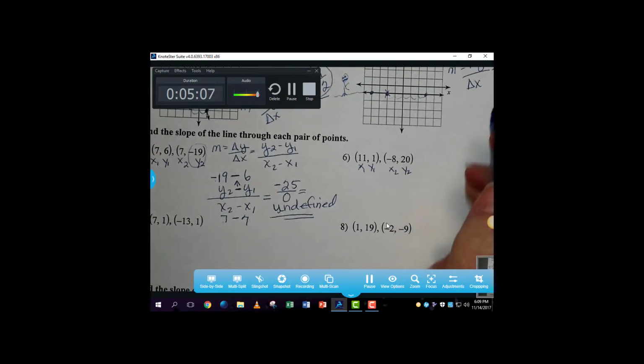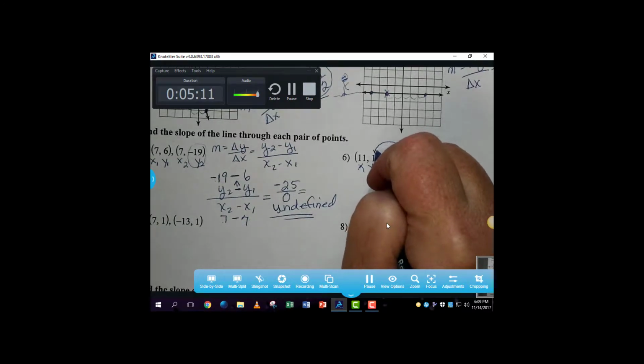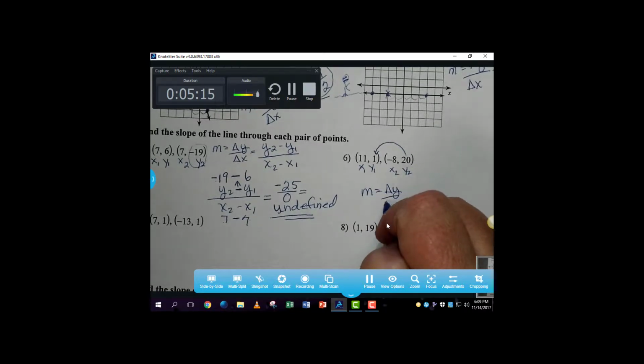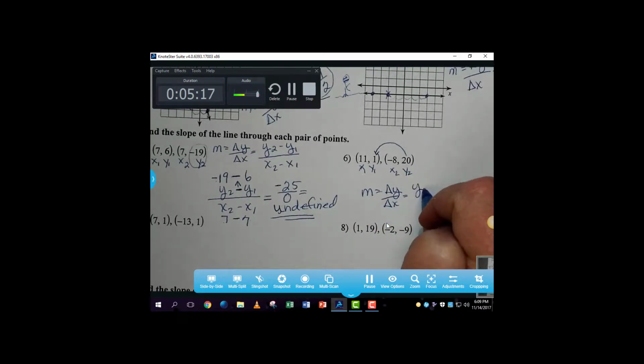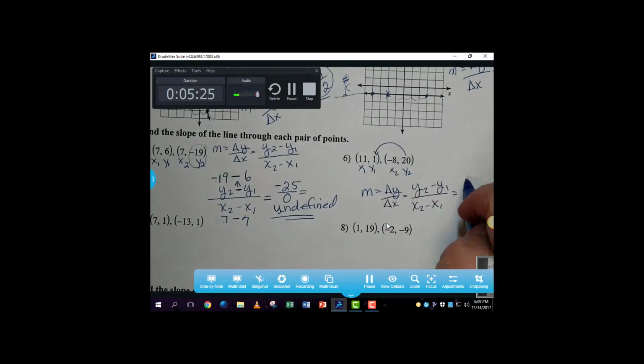The other thing that matters is that if you take these two numbers and subtract, so m equals the change in y over the change in x: y sub 2 minus y sub 1 divided by x sub 2 minus x sub 1. I'm going to have 20 minus 1. Here's where I have to be careful.